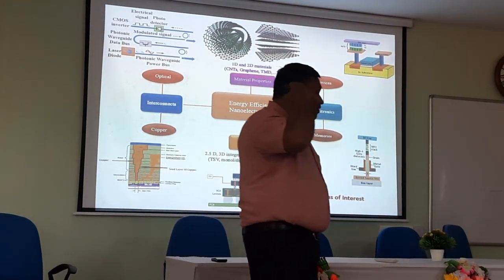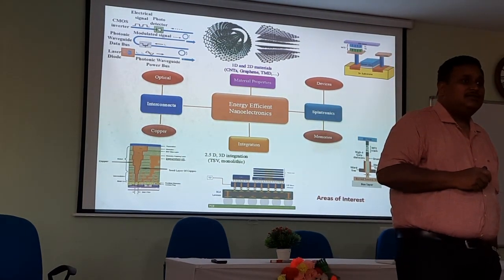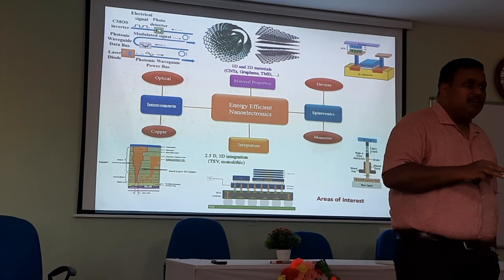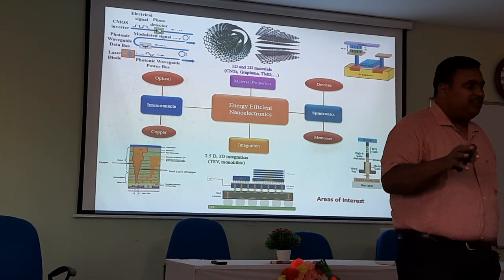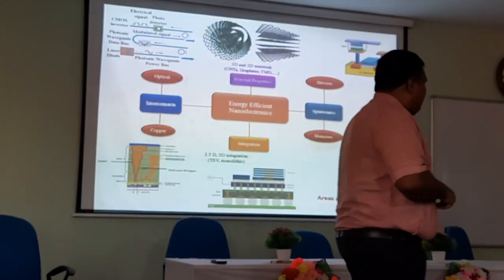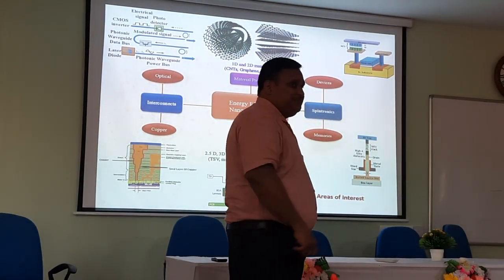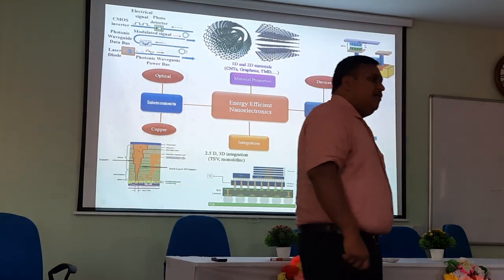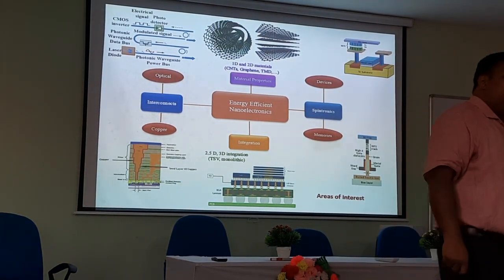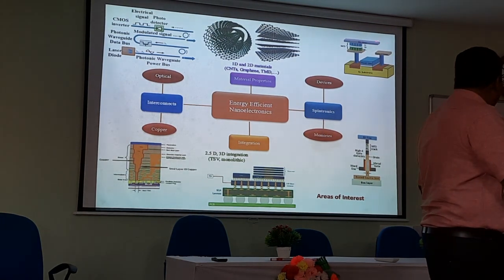How many transistors does DRAM have? One transistor. Minimum one. It can have 2 transistor DRAM, 3 transistor DRAM, again for reliability. Can you see here? You have 1 transistor and 1 MTJ. Can you compare a 1 transistor DRAM with this kind of structure?